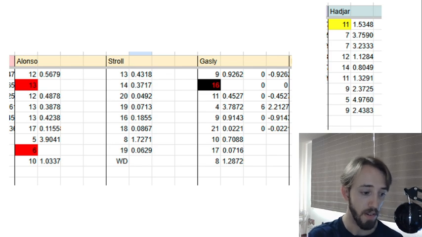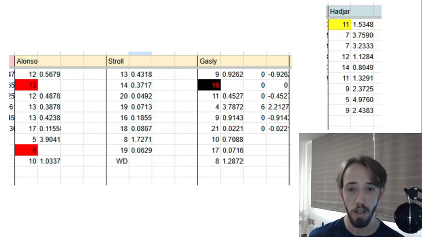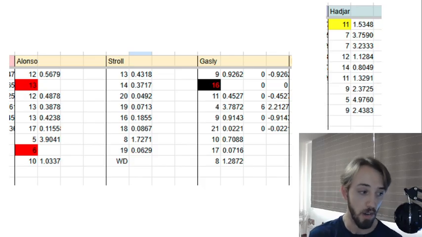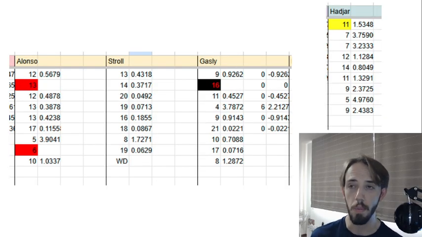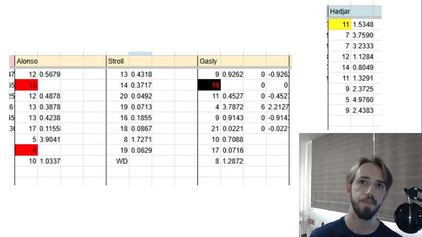Now, of course, you have things like drivers being crashed into, and that can have a really negative effect on the overall result of a race. For example, if a driver doesn't do anything wrong and gets crashed into, that could obviously really negatively affect their score. But unfortunately, with those kinds of things, it's very hard to apply that consistently, especially for historical races where there's not a whole lot of information.